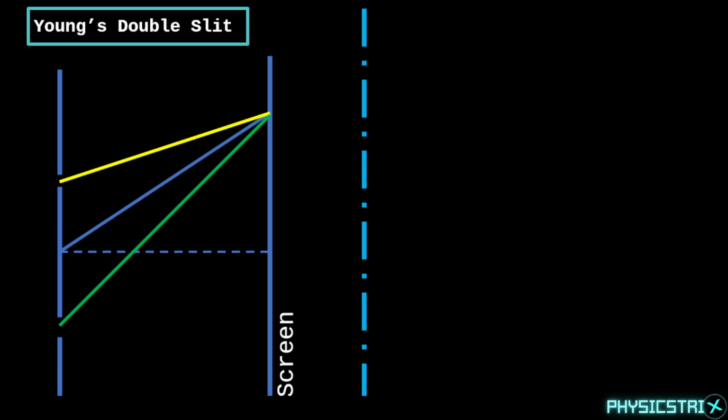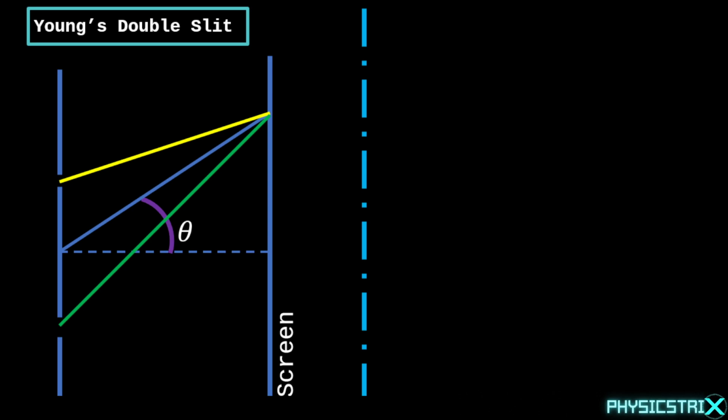Okay, so once I have this picture, what I want to do now is label a few things. The first thing that I'm going to label is the angle between the blue line and the horizontal line. The horizontal just comes from the midpoint to the screen. I'm going to call that theta.